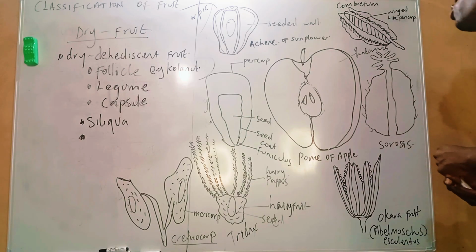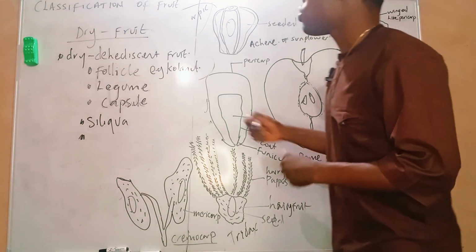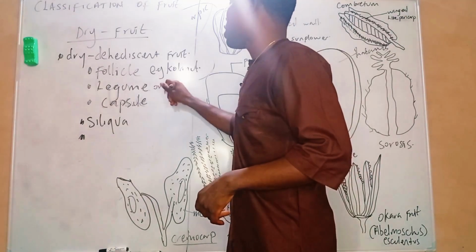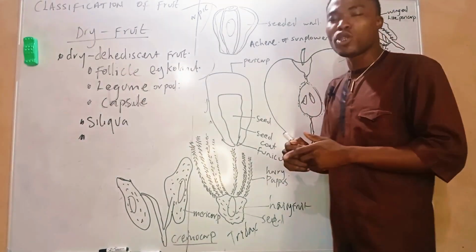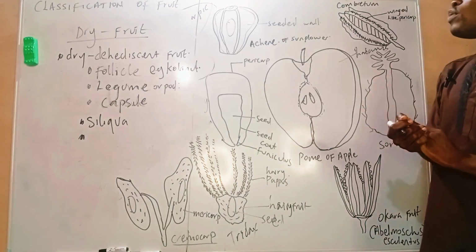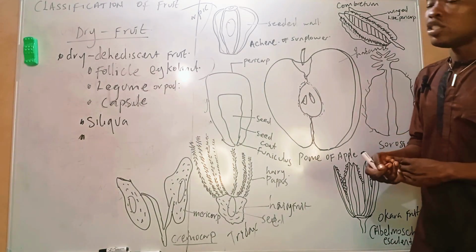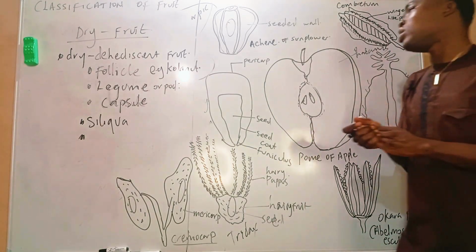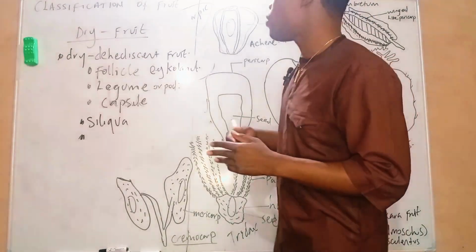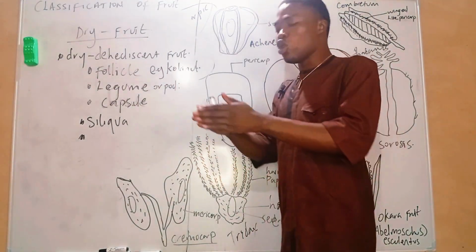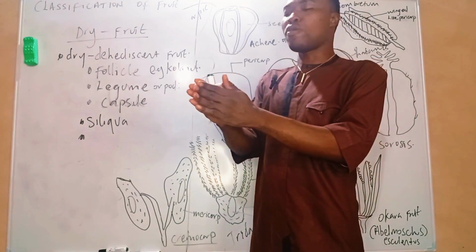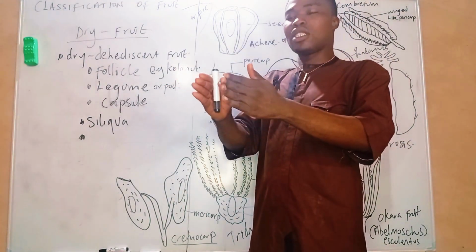Then another type is a legume. Legumes are also called pods. You must have seen the groundnut pod, the peanut pod. Those are examples of legume, as are the pride of Barbados and crotalaria. Upon maturity, they split along two sutures, front and back.